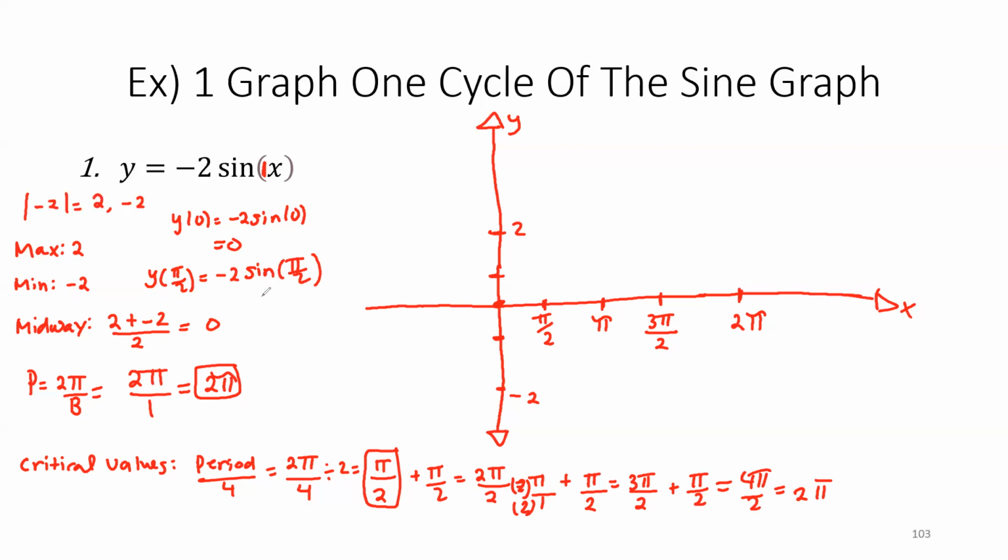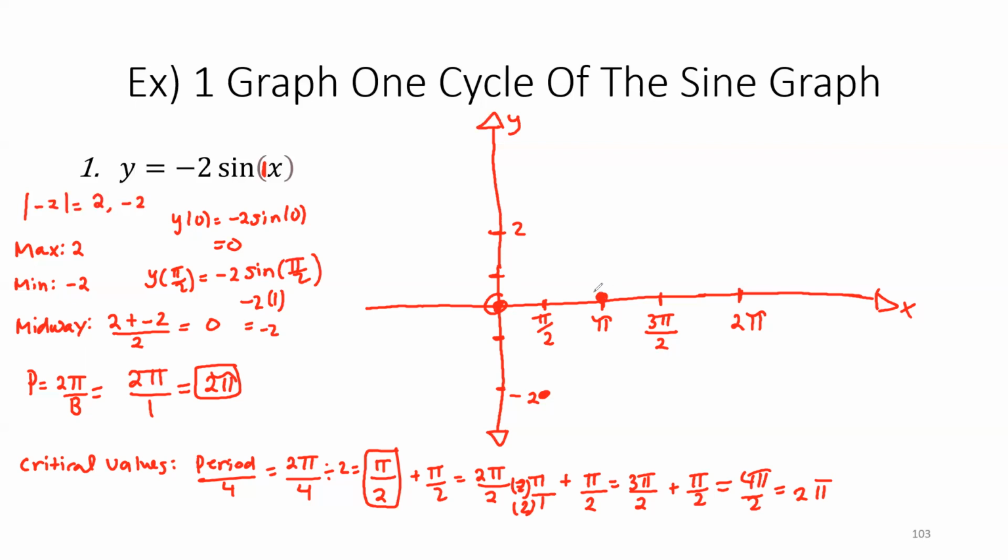If you look at your unit circle, the sine of pi over 2 is 1, times -2, which is -2. Okay, that's good enough because as you can see, you see the cycle. It started at 0, which is your midway, and then at pi over 2 it has a y value of -2.